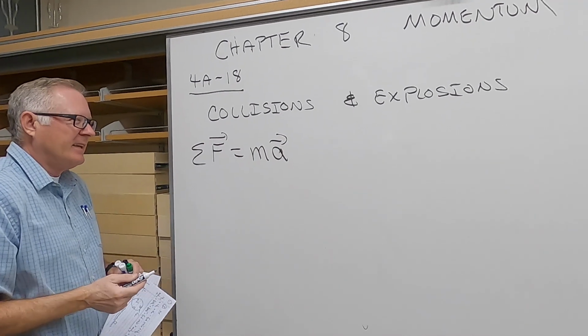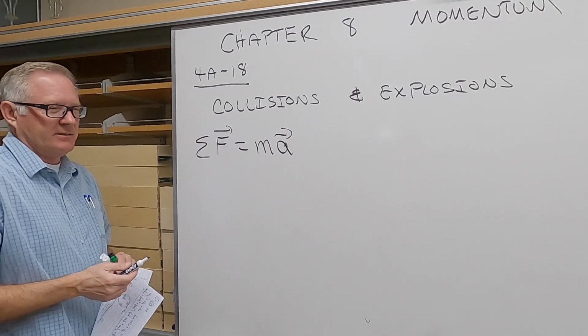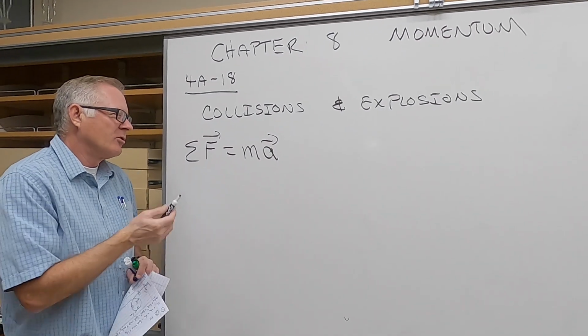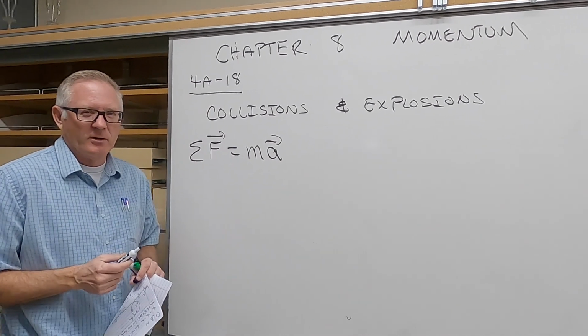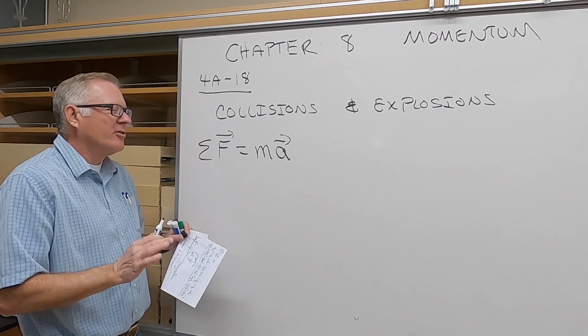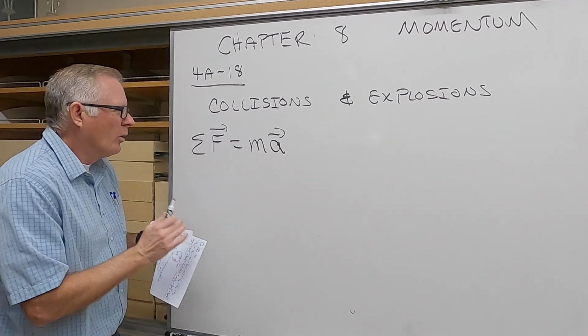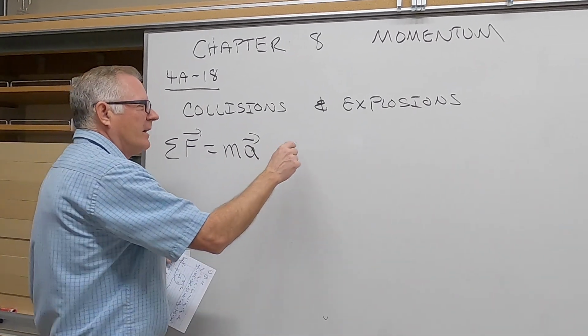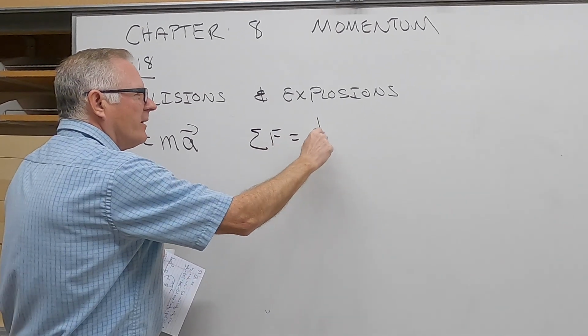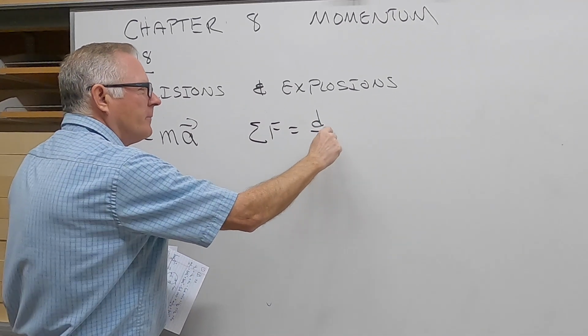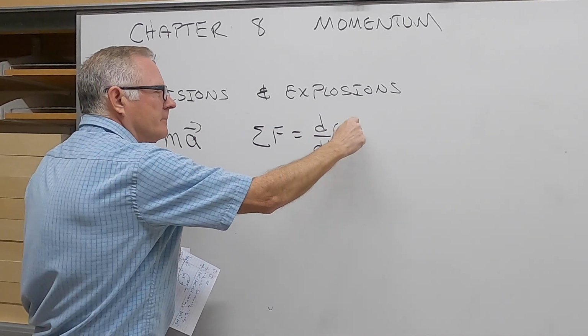Well, I should tell you, Newton never said this. This isn't quite the truth. It's just that you couldn't handle the truth. Now I think you can handle the truth a little bit better. What Newton did say was, the sum of the forces is the derivative with respect to time of mv.